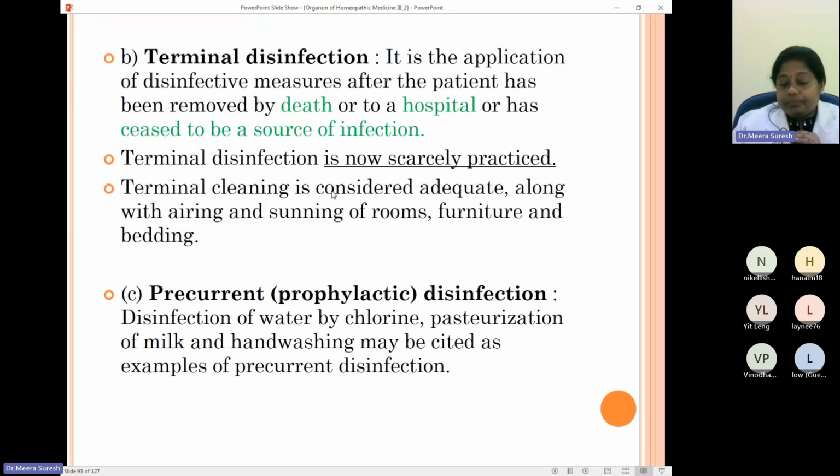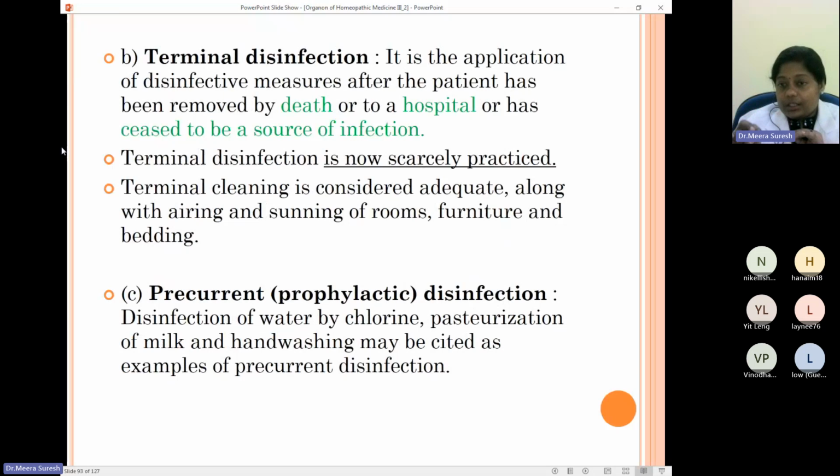Terminal cleaning is considered adequate if we do airing and sunning of the rooms, and also the furniture and bedding. Not just that we use some chemicals in that room, but we take out all the things that have been used by the patient, the furniture, the bedding, everything, and keep it in the sun. That is what is meant by sunning of rooms, or even opening the windows so that the sun and the air can get inside.